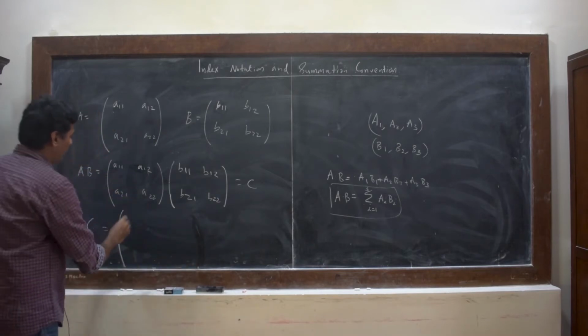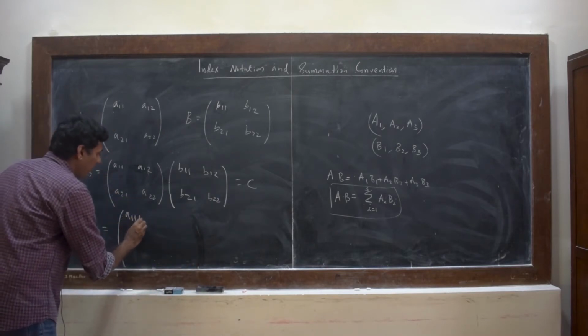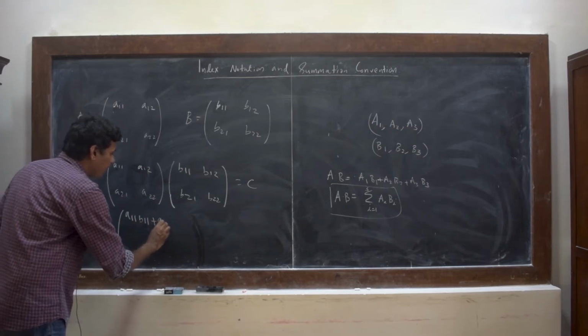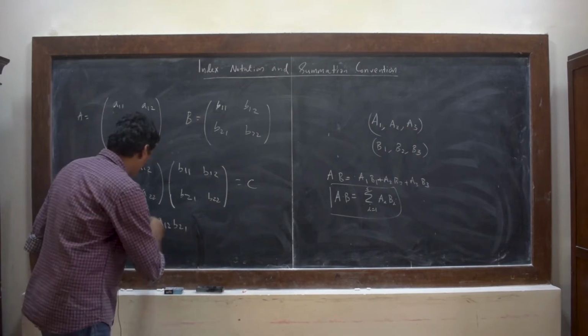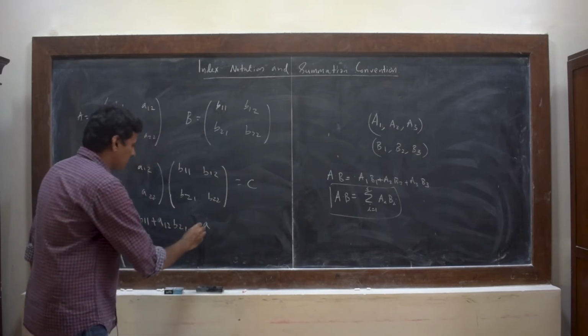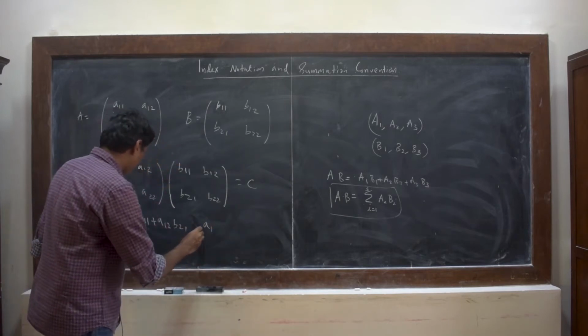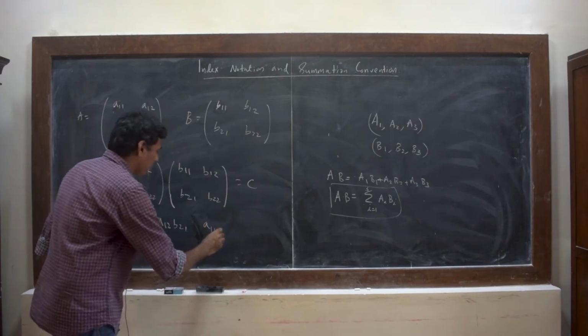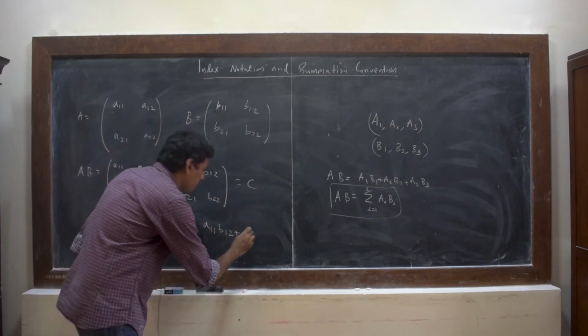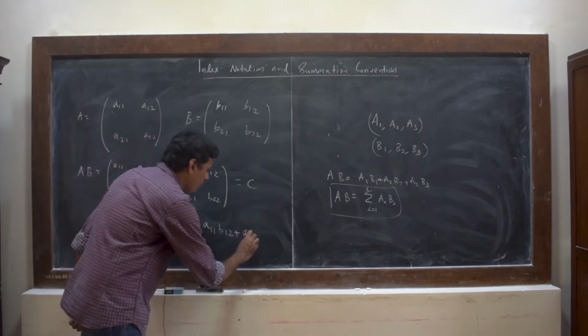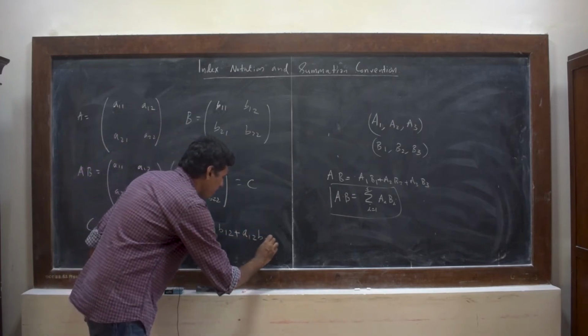A11 B11 plus A12 B21, and the next one will be A11 B12 plus A12 B22.